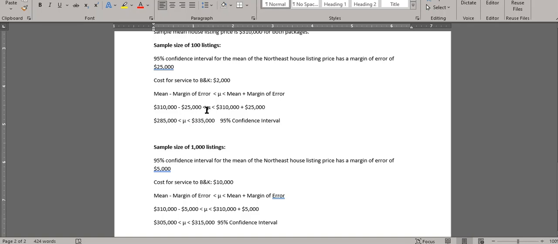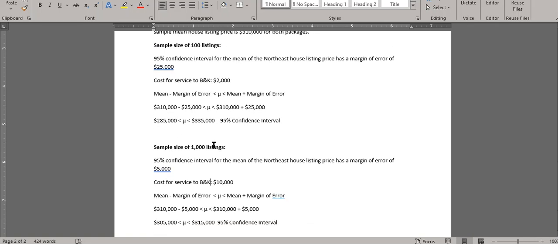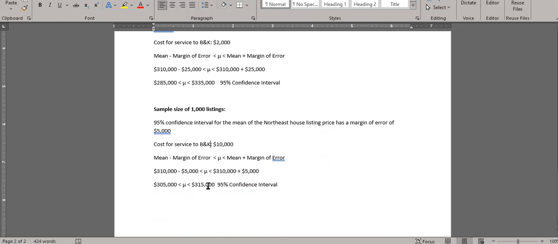If they put a premium on having accurate analysis and data, and ensuring that the average list prices are going to be between these values, then it is worth paying the $10,000.